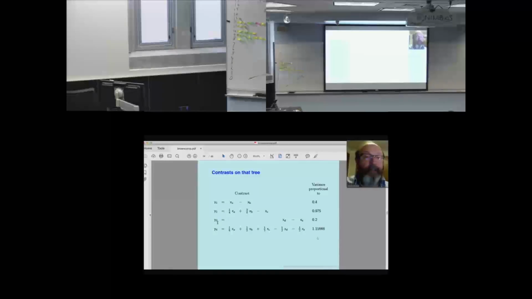And what you're doing is coming up with, in this character, values for what are called the contrasts that are independent of each other. They will show no covariation. They are independent, and if you scale each of these differences by the square root of this variance, if you divide the difference by the square root of the variance, you get values that have a common variance. So they're independent. By the way, they have expectation 0, and they have a common variance.